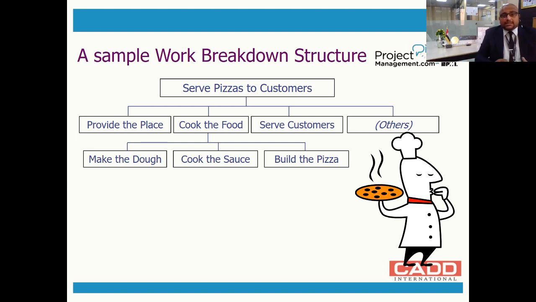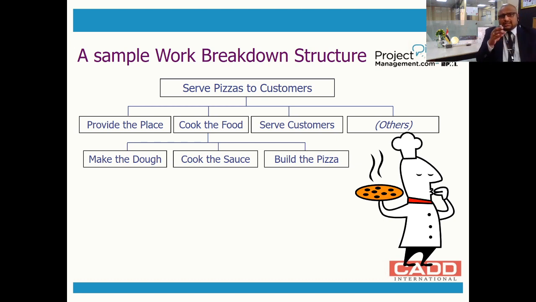You need a place to serve the customers and other amenities like restrooms, waiting areas, kids playrooms, parking, etc. So at the end of the day, my project is nothing but a pizza factory. So I divided it into small parts: a place where they can eat, a place to cook the food, a place to serve the customers, and other amenities.